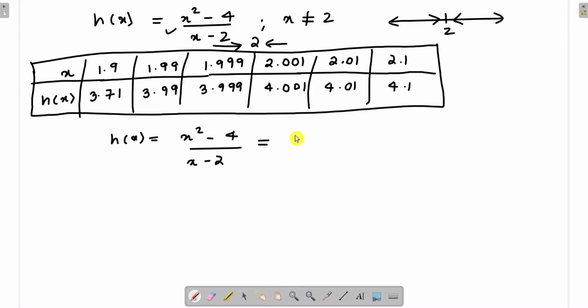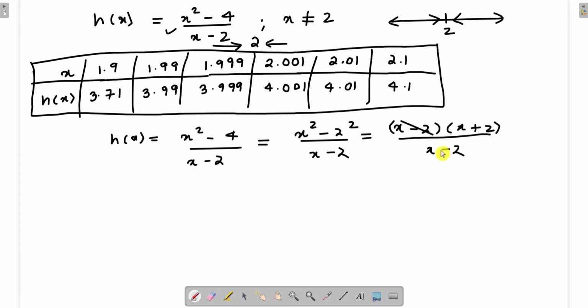Let's see what we get. x square minus 4 can be written as x square minus 2 square, divided by x minus 2. Now a square minus b square is (a minus b)(a plus b), divided by x minus 2. So x minus 2 and x minus 2 will get cancelled. You will get x plus 2. So you see that you are getting the function as x plus 2 here.